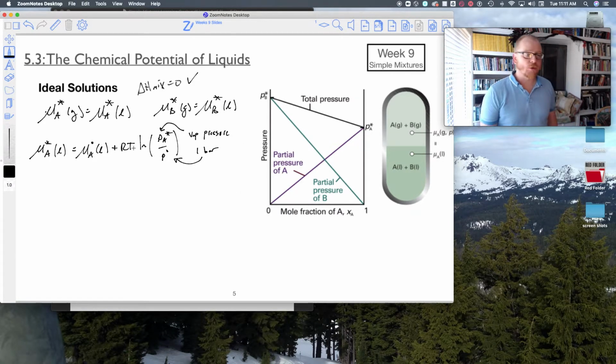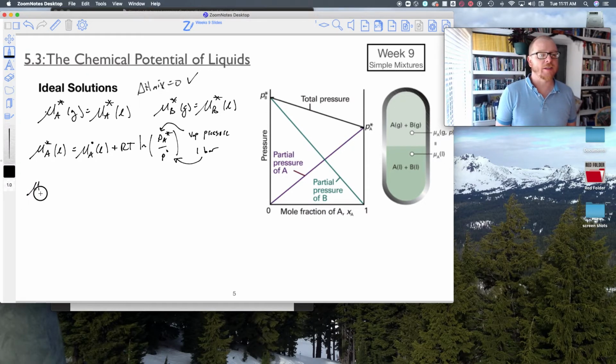So now if we were to expand on this and write the chemical potential of the solution, and specifically we're talking about the chemical potential of A in this new solution, this equation is going to be modified just a little bit.